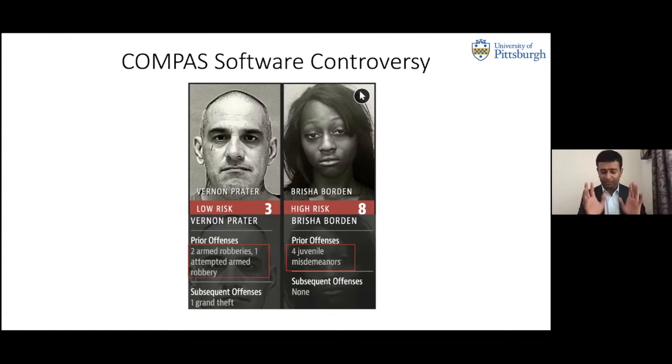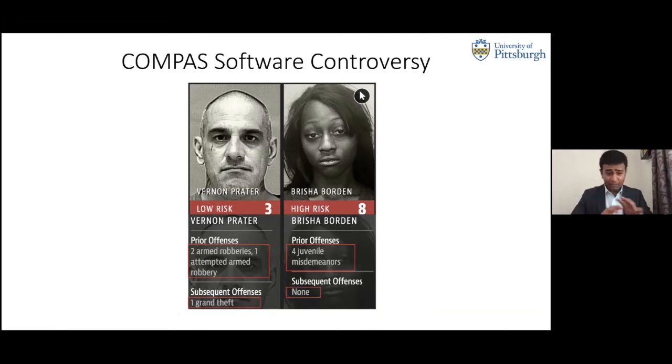So technically, there is no crime involved in that. So this person has committed only 4 juvenile misdemeanors, and still the algorithm thinks that she will reoffend. And not just that, after that, these people were observed for 2 years to really verify whether they go on to recommit the crime. The person on the left-hand side actually went on to commit a grand theft. On the other hand, the other person did not commit any crime. So this is really serious.